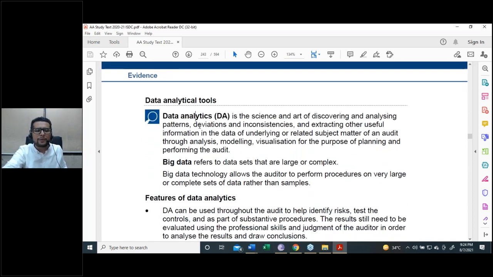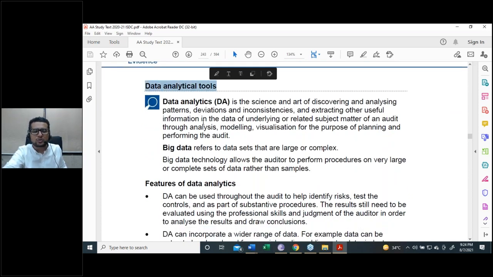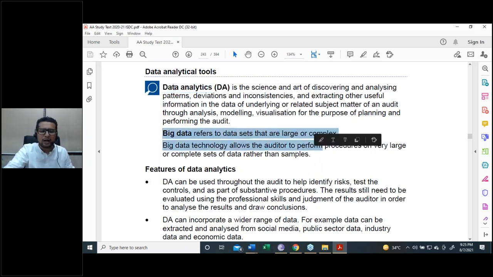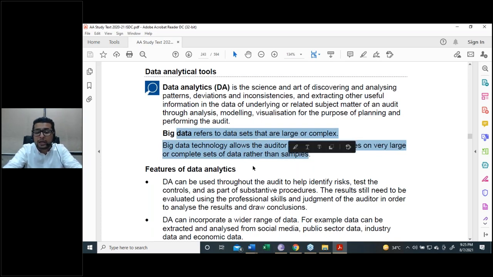Let's go to the last topic, which is called data analytics. What's data analytics? Currently, this topic is part of the F2 syllabus, the SBL syllabus, the advanced audit and assurance syllabus. It's all over the place. What's big data? What's data analytics? All of the big organizations are gathering data. Trillions of terabytes of data is gathered on a daily basis or even on an hourly basis.